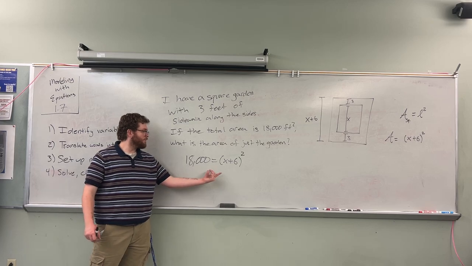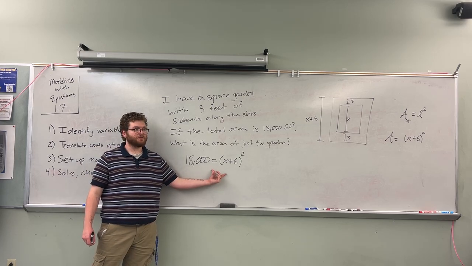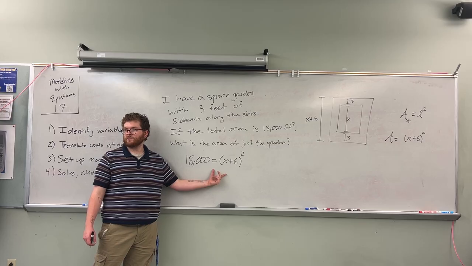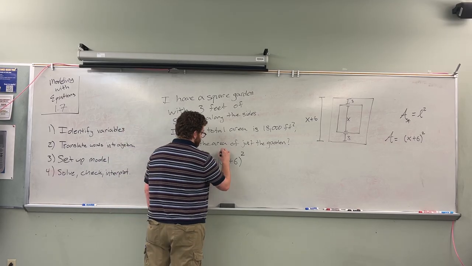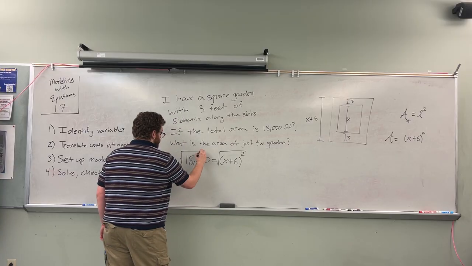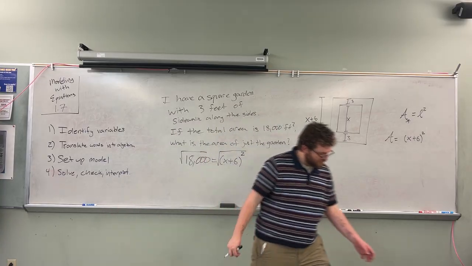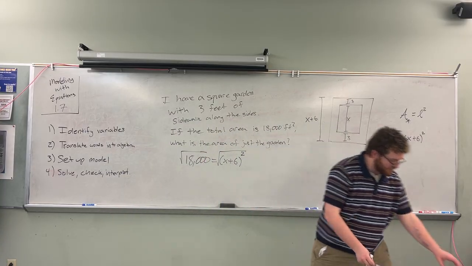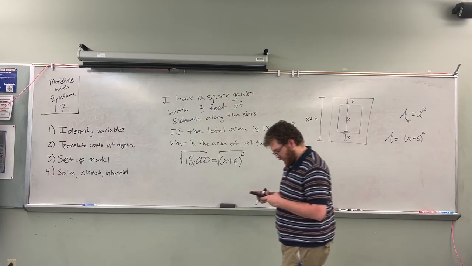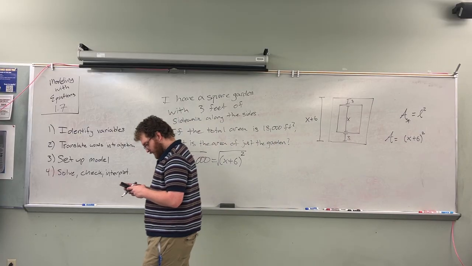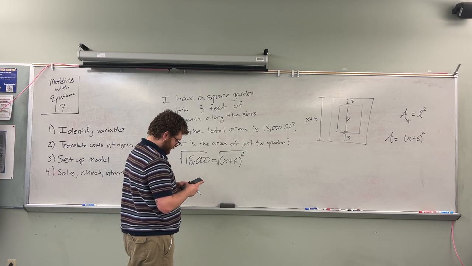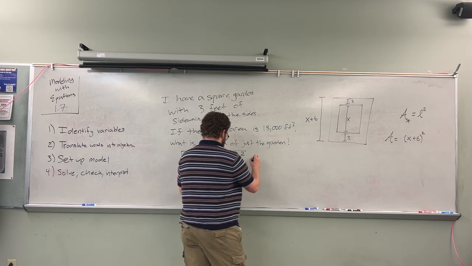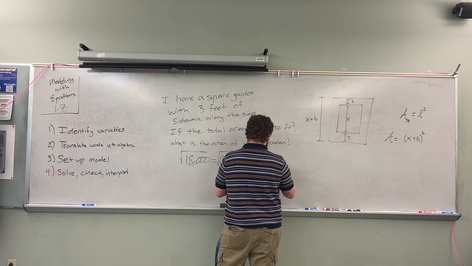How do I solve for x here? What's the first thing I do? Square root both sides. I'm going to get rid of that squared. So the square root of 18,000 is approximately 134.